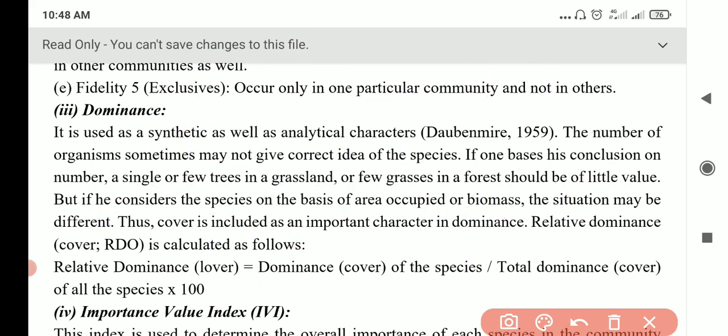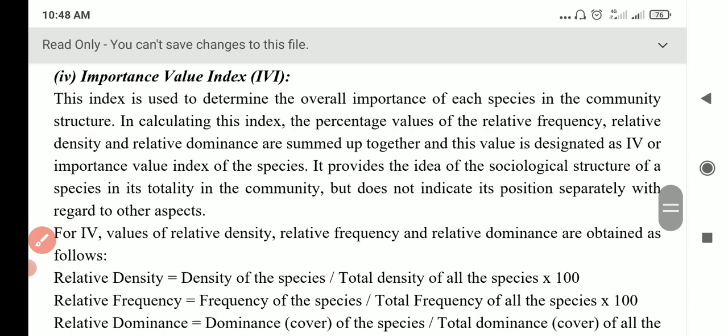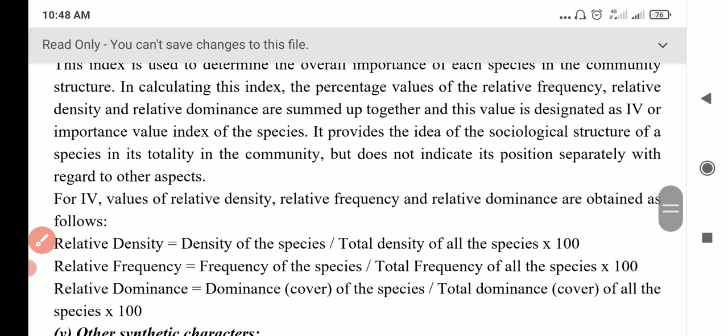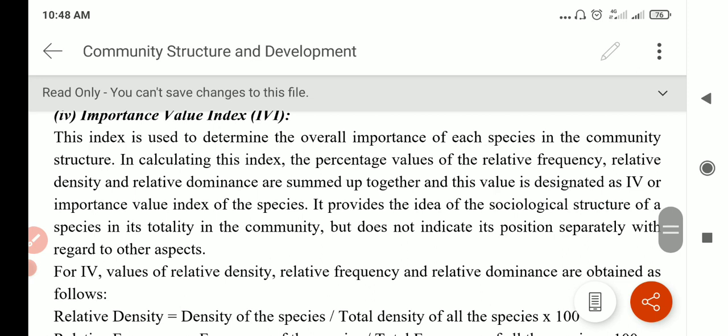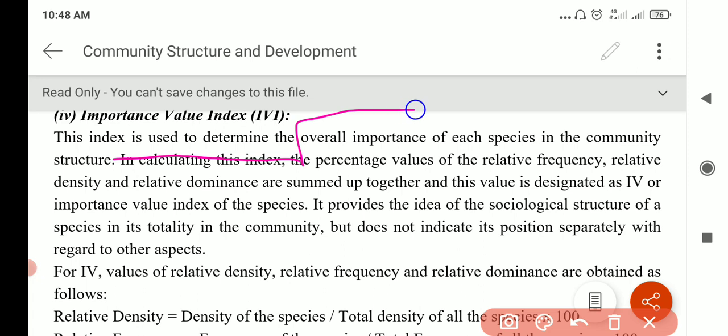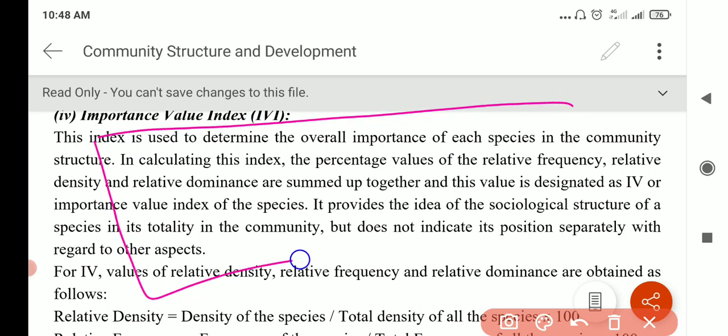Okay, let me go on to the importance value index. Now this one is there in your practicals. This index is used to determine the overall importance of each species in a community. Let me show you. For example, this is a table.